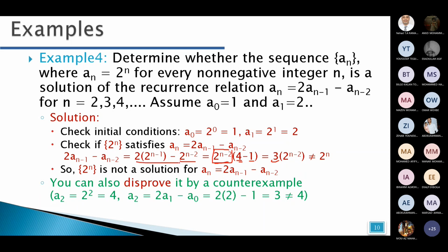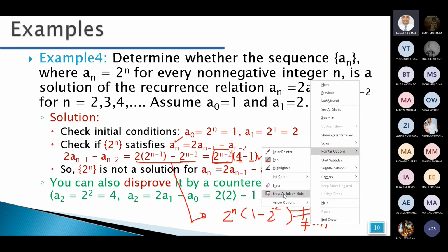The solution that I put here takes 2 power n as a common factor, and then you still have 1 minus 2 power minus 2. It's much easier than this one, but the same idea. At the end, it's not equal to 2 power n, so it's not equal to an. We started from an, applied the solution, and it did not give us an. So the solution is not correct.